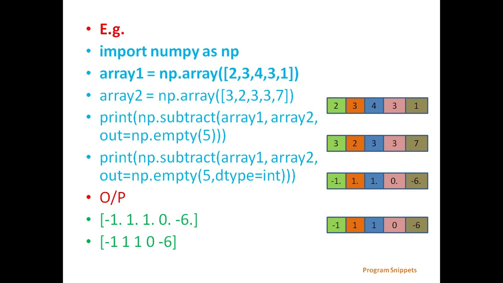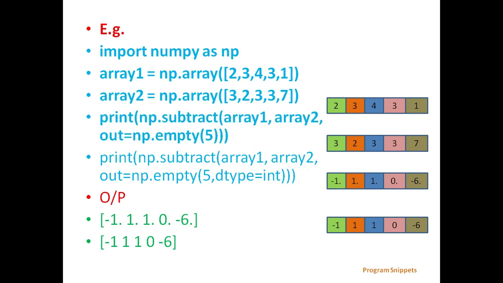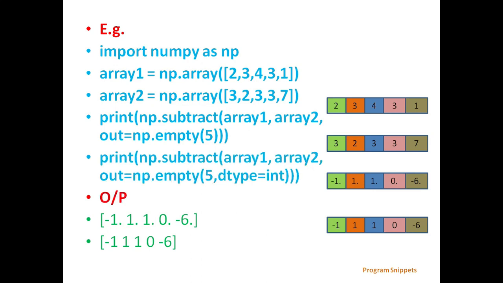Here also two NumPy arrays are declared with first array elements as 2, 3, 4, 3, 1 and second array elements as 3, 2, 3, 3, 7. And when we use np.subtract with array 1, array 2 and out parameter as np.empty(5), which will create an empty array of 5 elements, it will give the output as -1., 1., 1., 0. and -6., since the default array element type is float.